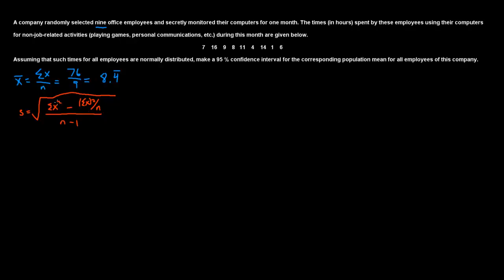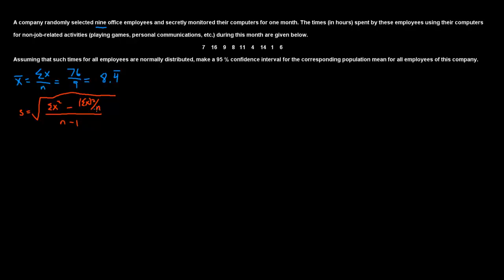Notice that these two things that look very similar are actually different. Here we have the sum of the x squareds, so we square all the x values, then add them up. Here we take all of the x values, add them up, then square them.